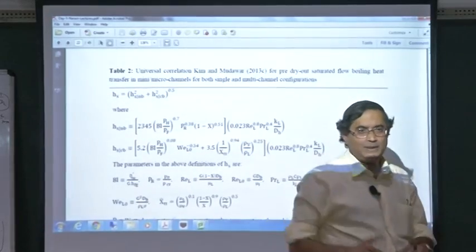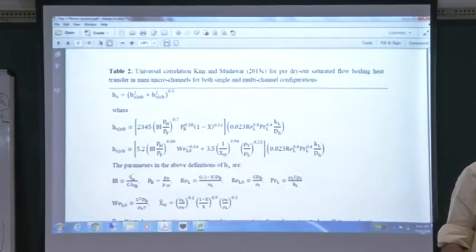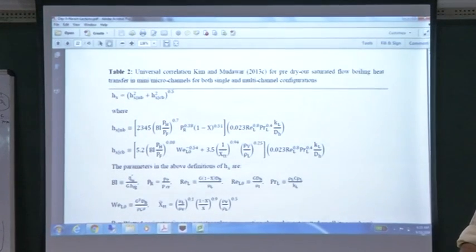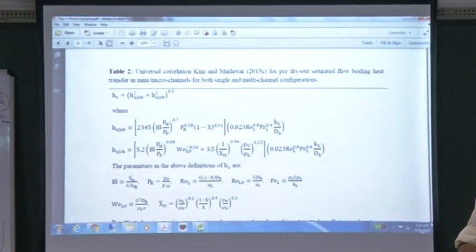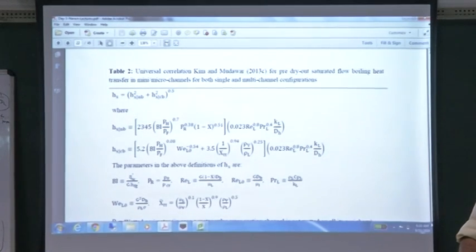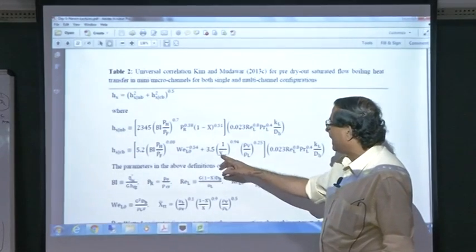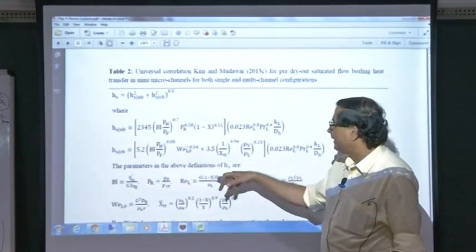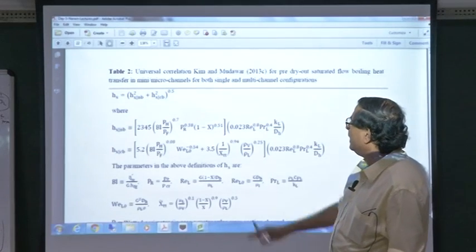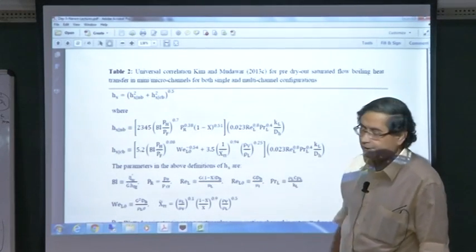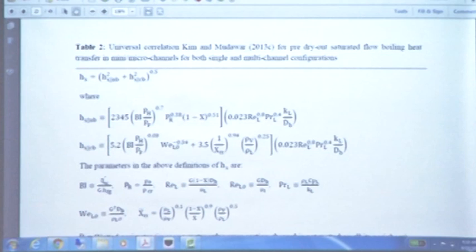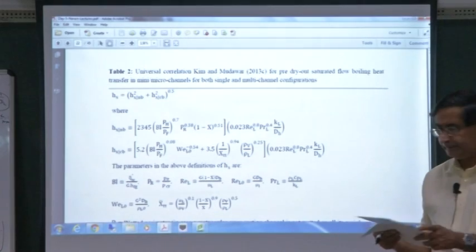These are just some intermediate formulas, so you don't need to trust the decomposition, but you should be able to trust the total value of the heat transfer coefficient. Notice that he is using a Martinelli parameter X_tt in this, and I have put a tilde on this. So let's look at all these definitions in my notes, and then we proceed from there.